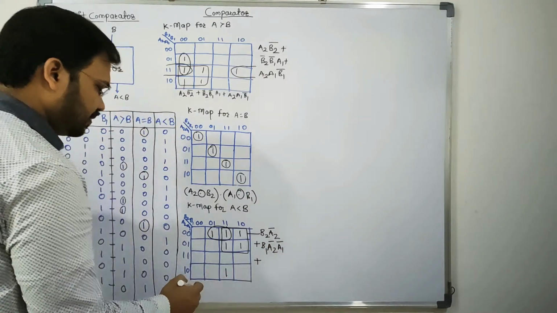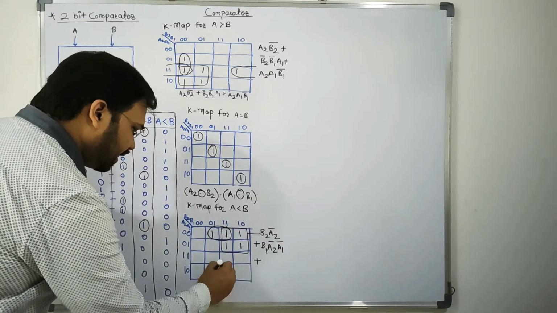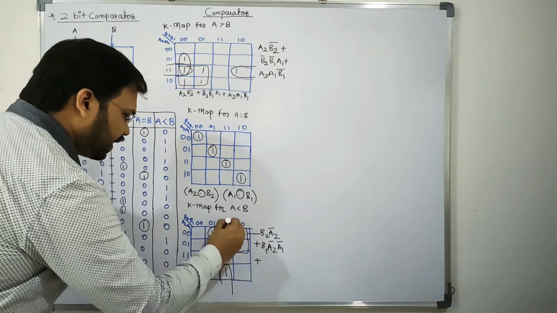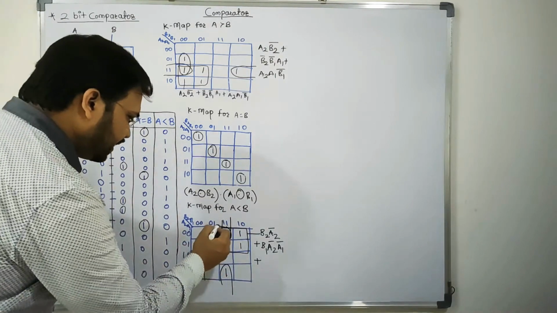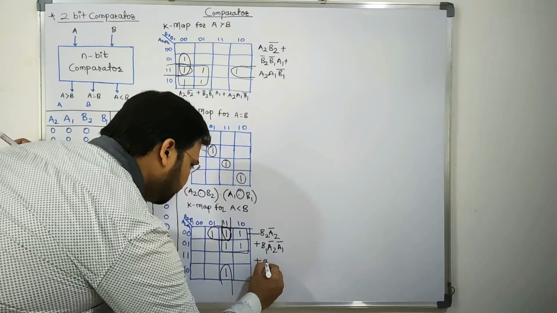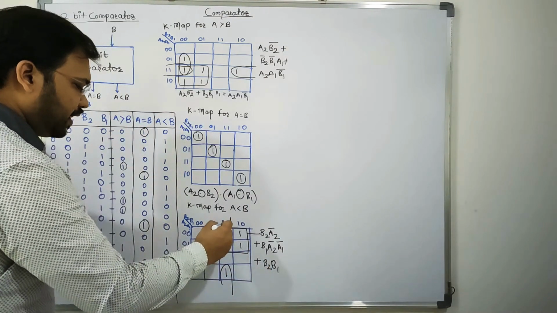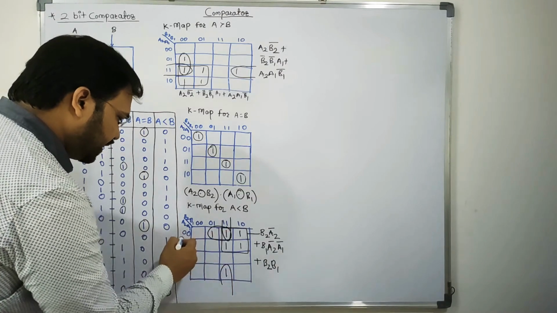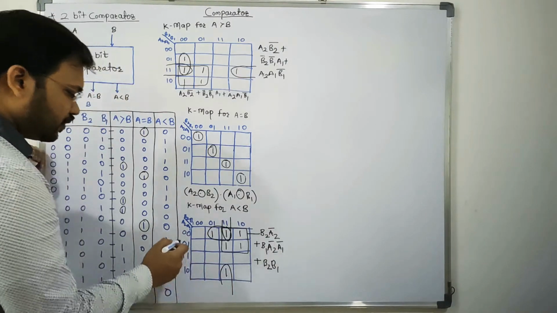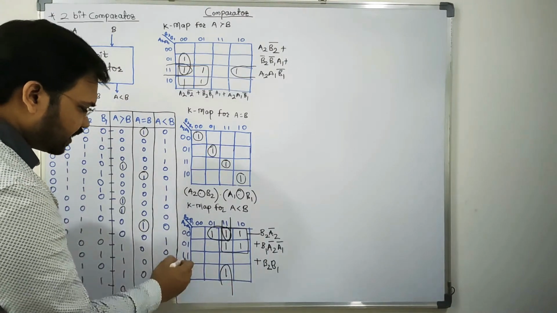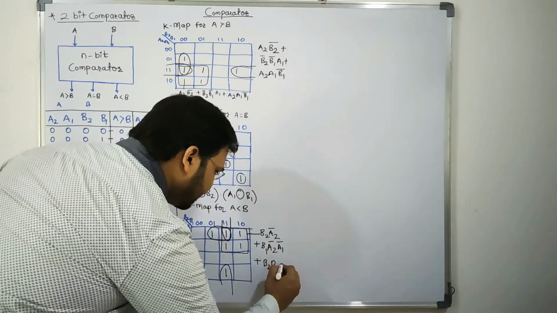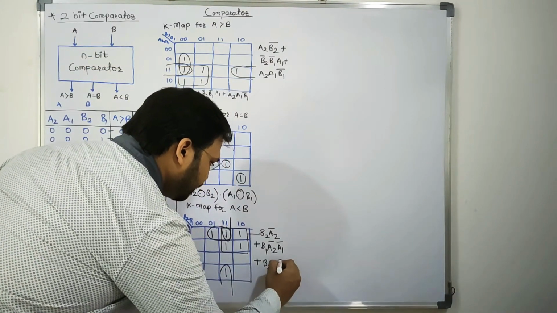Plus here the upper and the lower grouping, again 1 1, so it is B2 B1, and B2 B1 and 0 0 and 1 0. So in this case 0 0 and 1 0, 0 for A1, so it is again A1 bar.